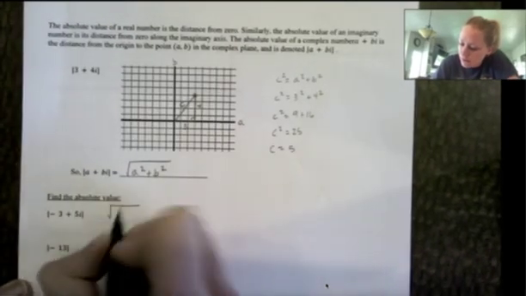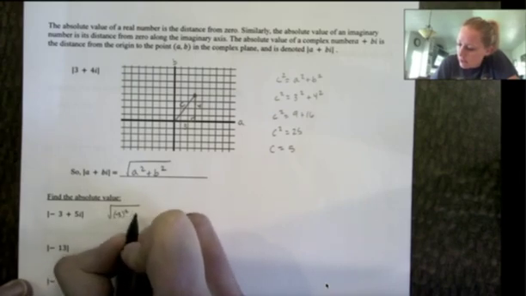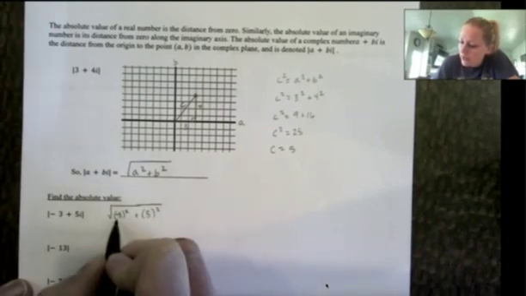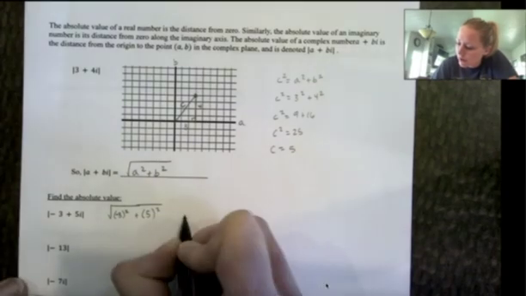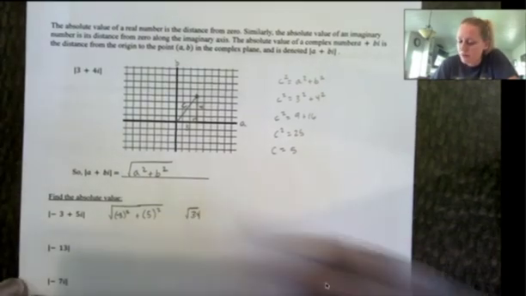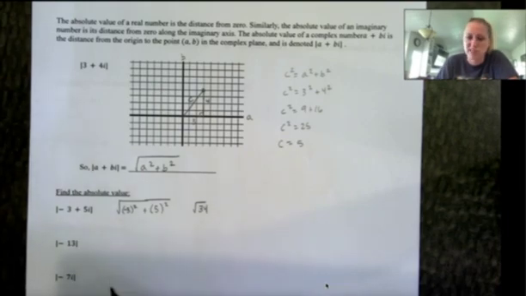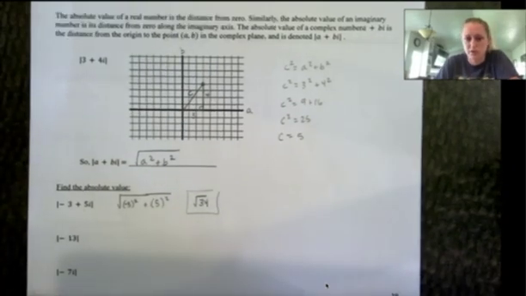So square root of a squared, so a is -3, plus b squared. So we get 9 plus 25 is 34. So the absolute value of, and I don't think I can break 34 into 2 and 17, so that is our distance from 0, the square root of 34.